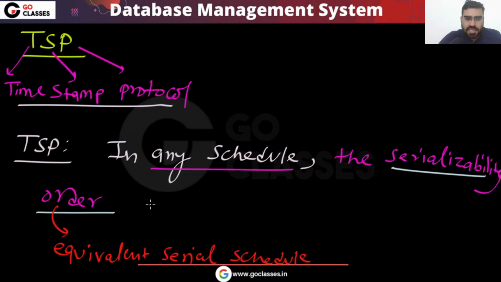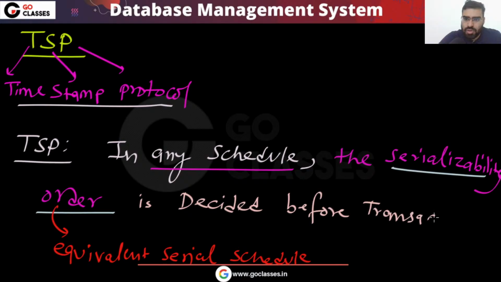In any schedule, the serializability order is decided in advance, before transactions execute. The transactions will execute after, but when the transactions are born, this serializability order is already decided.